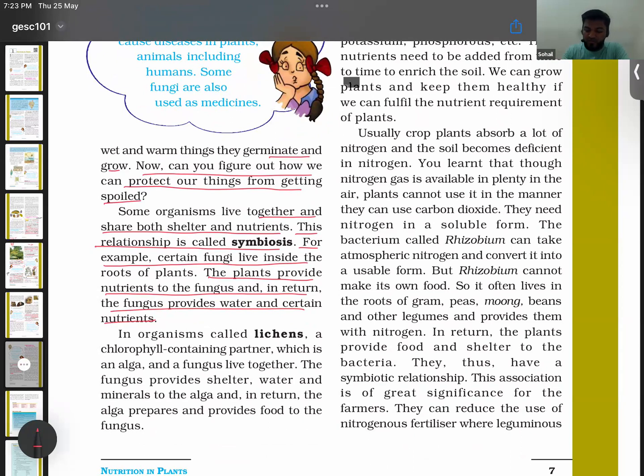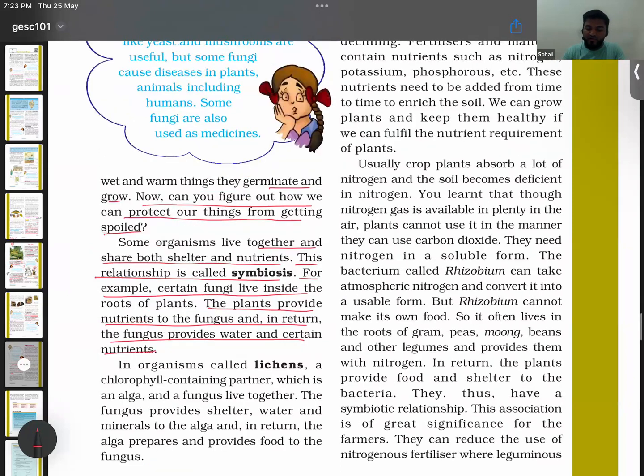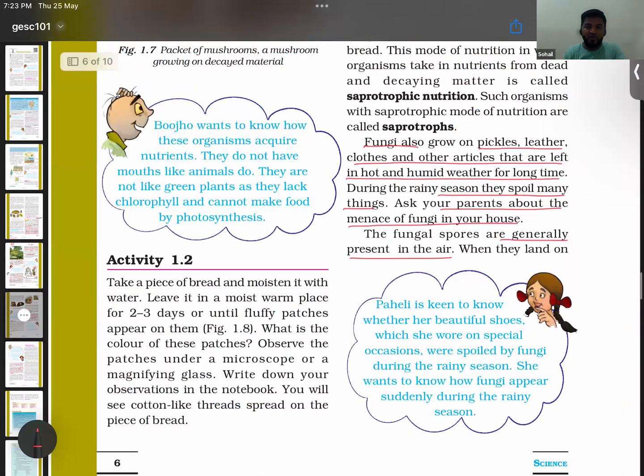Okay. So we were talking about other modes of nutrition a few moments ago, that was parasitic and saprotroph. With saprotrophs, we saw that these are basically non-green plants which derive their nutrition from dead and decaying substances. One saprophytic plant is actually a fungus.